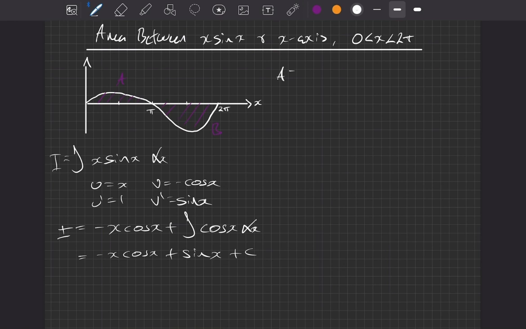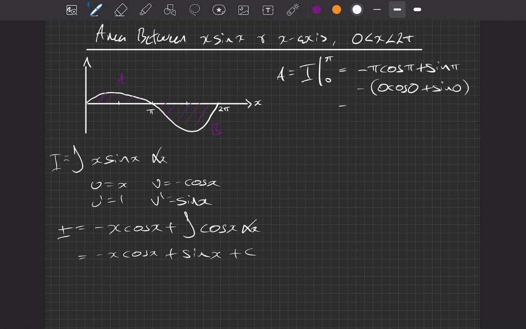So A is going to be equal to our integral, but evaluated from 0 to pi, sorry, not to 2 pi. So when we do this, we stick in our values. We can ignore the c's because they're just going to cancel off straight away. So what we have is minus pi cos of pi plus sine of pi, take away 0 cos 0 plus sine of 0.